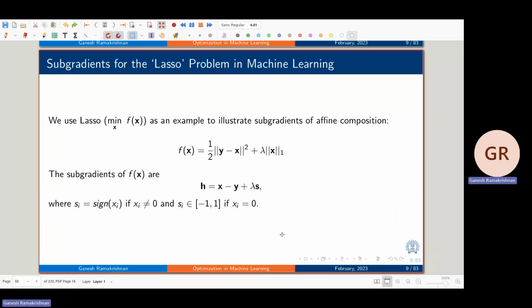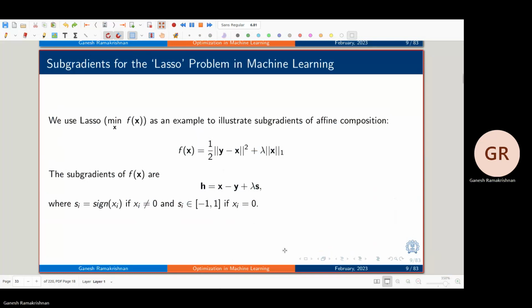If you are any other place, you can just take it to be sign of xi. But if you are here, you have to consider that entire convex hull, which is if xi is equal to 0, you have to consider si in -1 to 1. This is basically the answer, right? So you need to go through this and make sure you are comfortable.